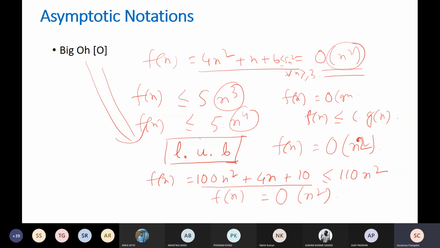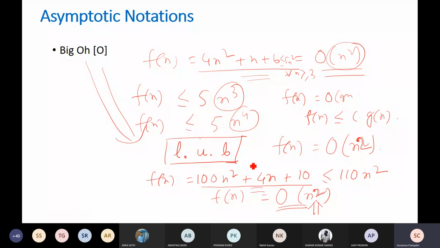Okay. So we are only interested in finding what is the maximum value of this polynomial. So here we are getting this is n square. Okay. So the rate of change of both the polynomials is the same.